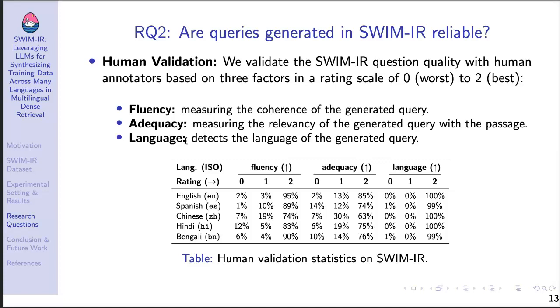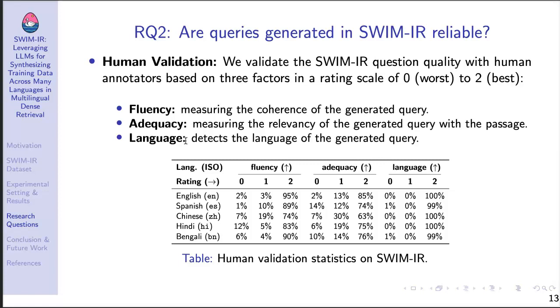They were measured on fluency, which measures the coherence of the generated query. Here you would measure whether the query is readable, understandable, and whether it contains any grammatical mistakes or not. Second is adequacy, which measures the relevancy of the generated query with the passage. And third is language, which detects whether the query was generated in the correct language or not.